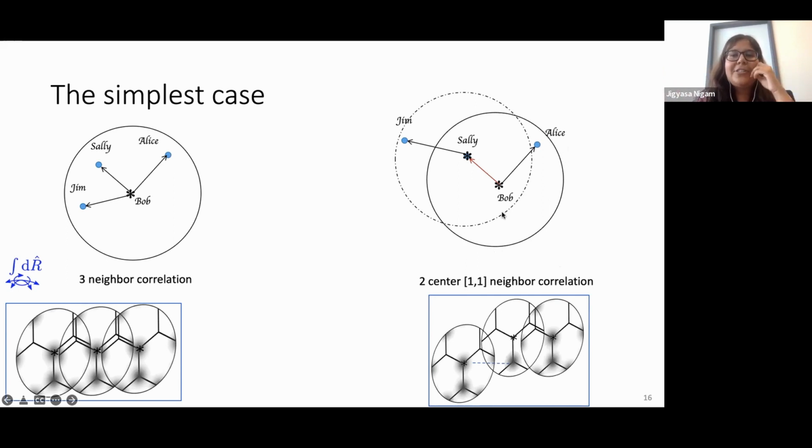So I have information about two centers and two of their neighbors. And so in this figure that I show you here, Bob directly does not see Jim. So in the case of local atom-centered contributions, Bob would never see Jim. But in this message passing scheme, Sally acts as a gossip monger, so she brings out gossip about Jim to Bob.